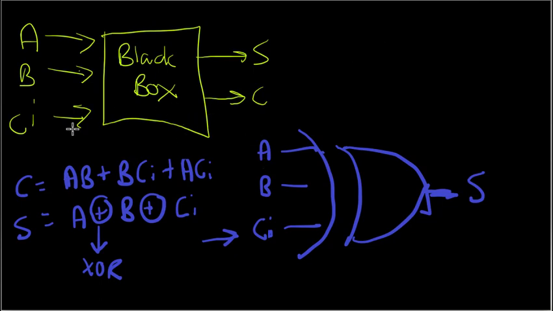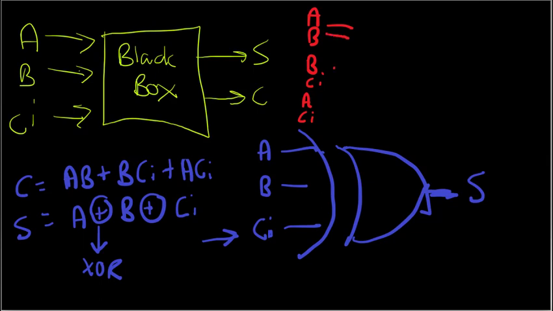So if we're going to now draw the circuit for the carry, what we would have, I'm going to do this really small up here, is A, B, CI for carry in.